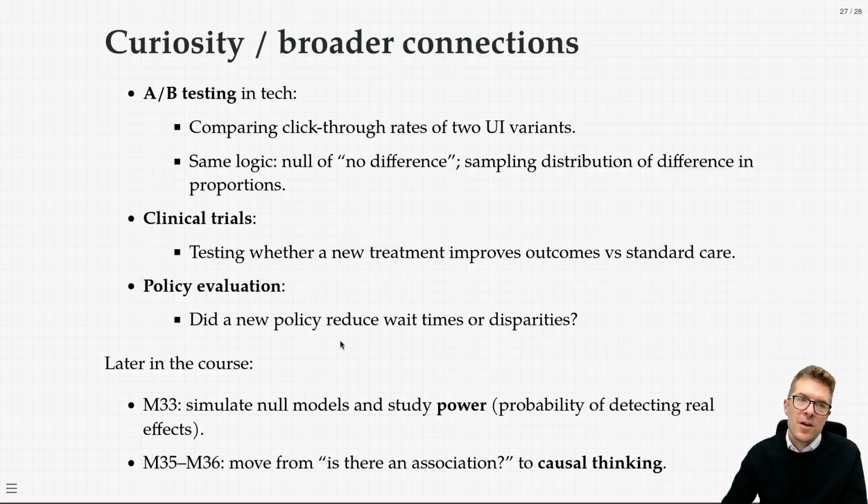In technology, we tend to do A/B testing, so we tend to have two versions of the same website or two models we're comparing against each other, and we want to see if there's an effect, if there's a difference. So we have one machine learning model which your competitors made, and you have your machine learning model which you spend a lot of time on. Is your model actually better than theirs?